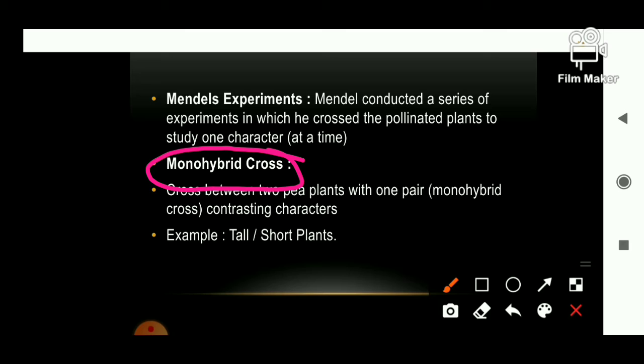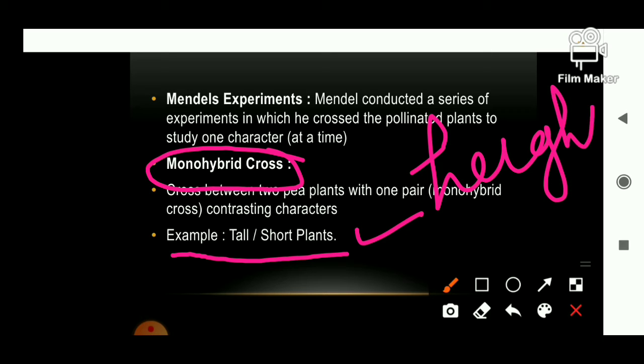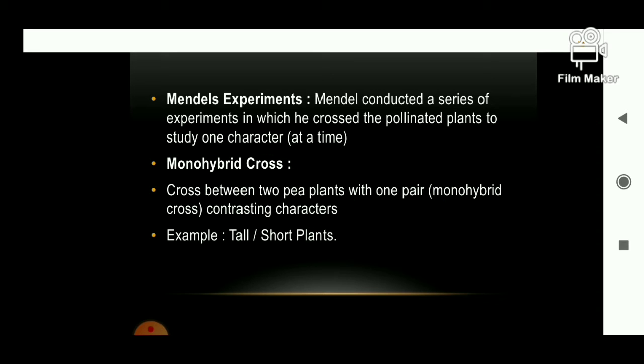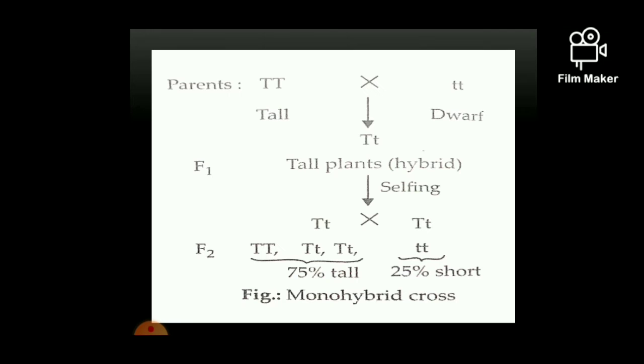For example, if we are doing the experiment for one character, the height, then it is called a monohybrid cross. We take only height, for example tall and dwarf plants, and this is called the monohybrid cross, right?